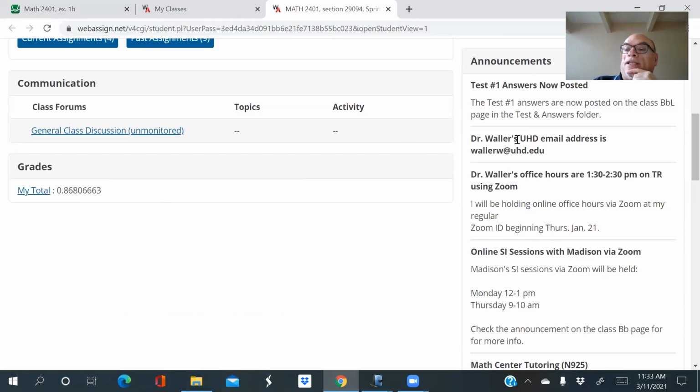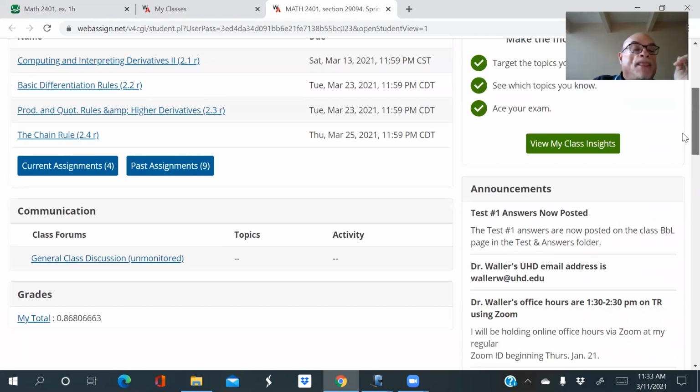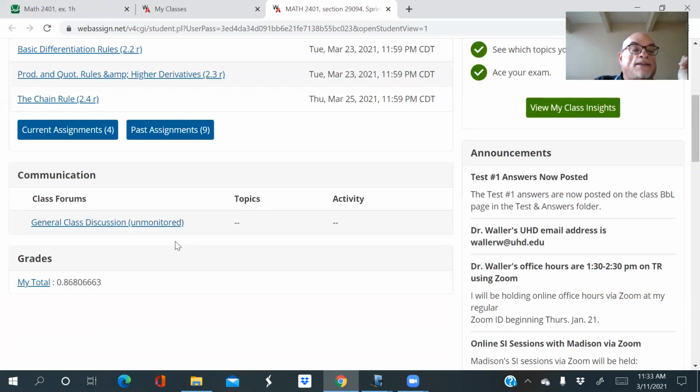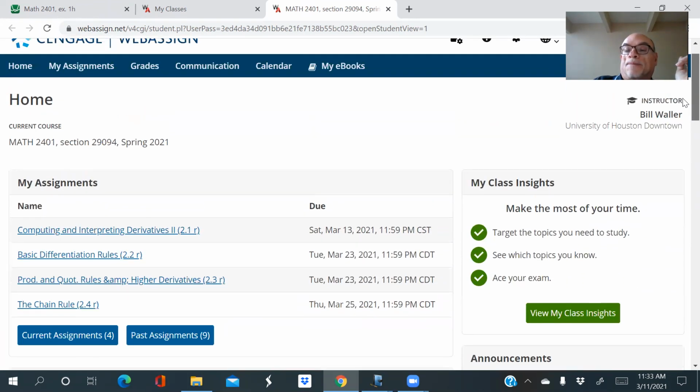As I mentioned last time, I haven't put in the class participation grade for the first test. So I've got to work on that, and I'll get that entered sometime during spring break. That may slightly affect this total, but not that much. Of course, the big impact on your total is going to be whatever your test score was.